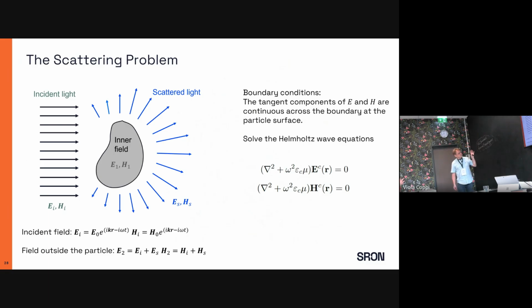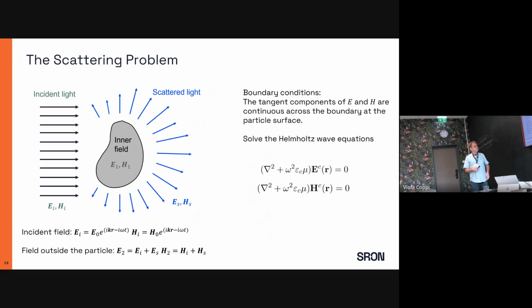So light comes in, it's a plane wave, light oscillates, and you have here a particle, and that light induces a charge distribution in the particle, which changes because of the oscillation of the electromagnetic field, right? And because there's a change in the charge distribution, it emits radiation, like an antenna, right?